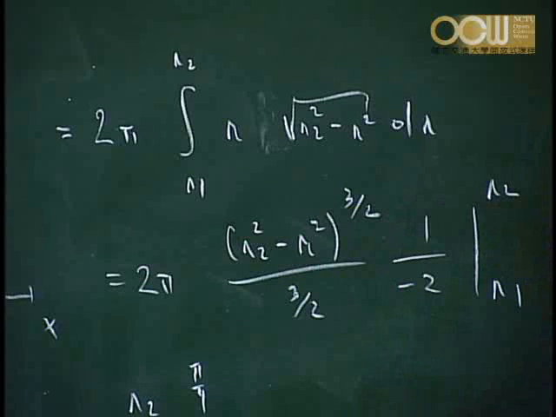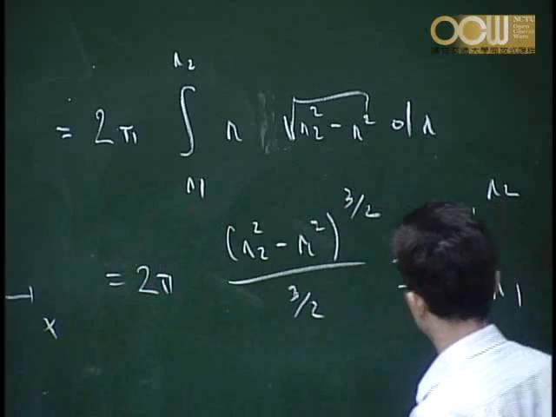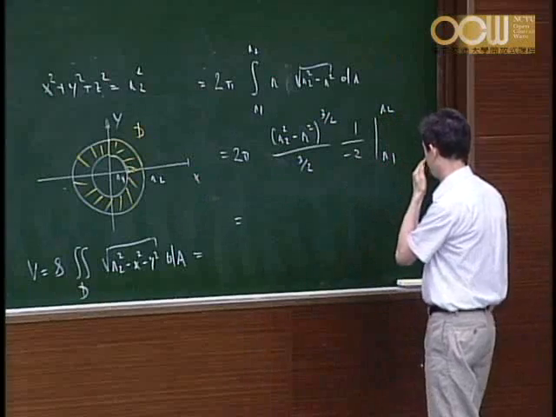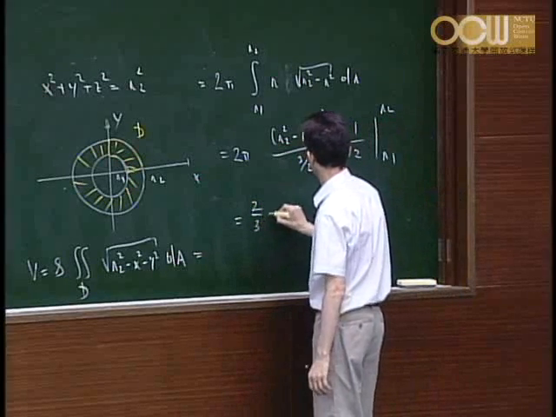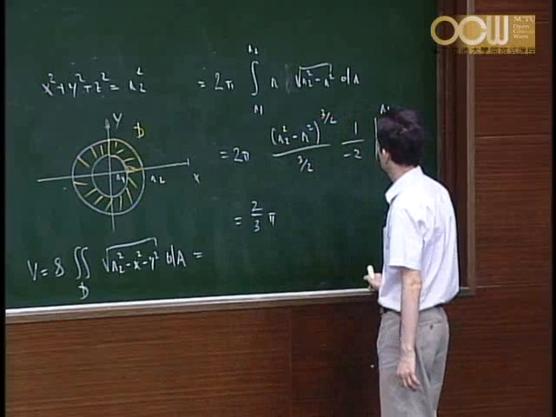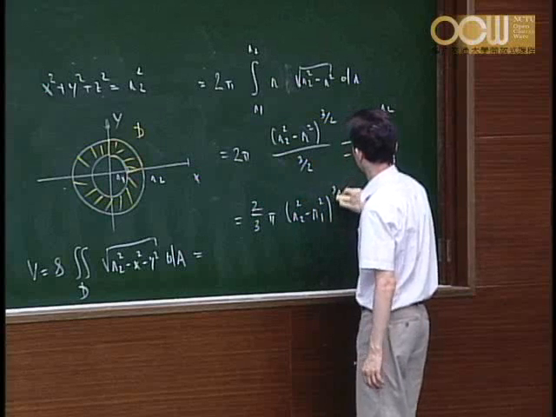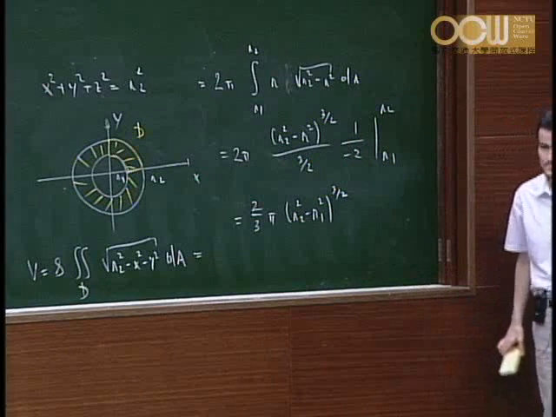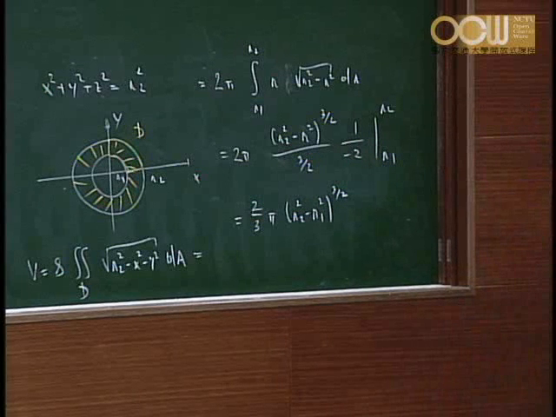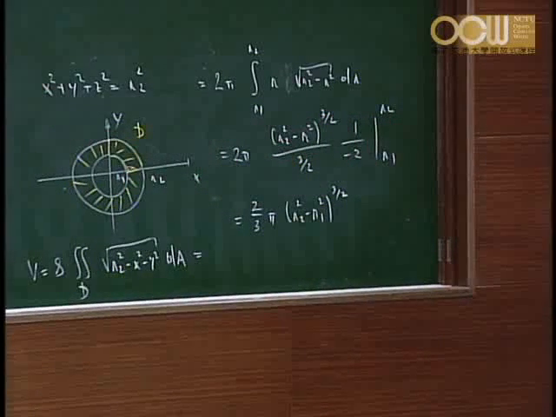You see only the lower limit remains, so this becomes 2 over 3 pi, and only the lower limit is important, so I have R2 square minus R1 square to the 3/2. Okay, so also this is not very complicated. So you see how to do these computations. We will do more examples in the assignments.